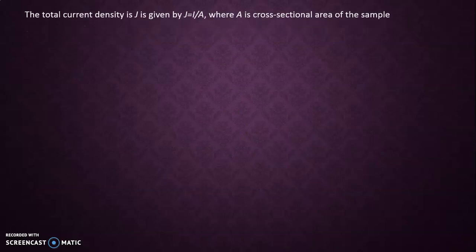The total current density J is given by the equation J is equal to I upon A, where A is the cross section area. So this J is current density. It is the amount of current per cross section area. So we can write J is I by A. So take the previous equation number 1 divided by A. In numerator and denominator, this A is common, we can cancel it.